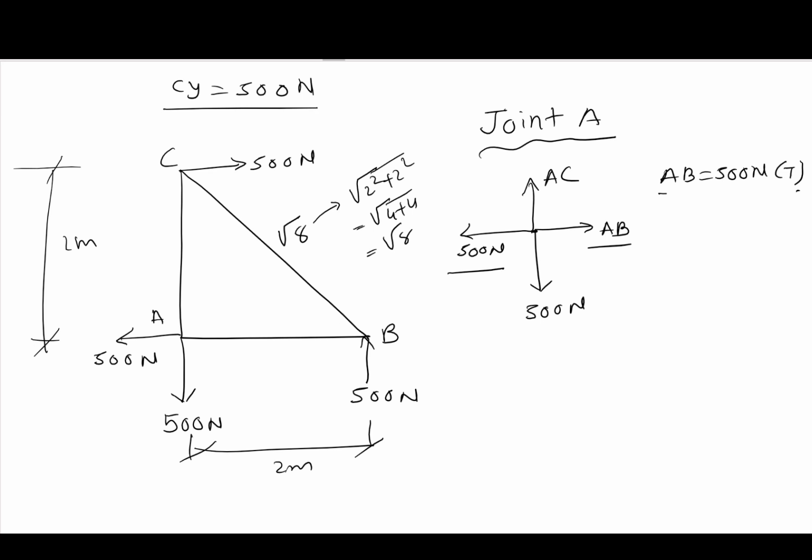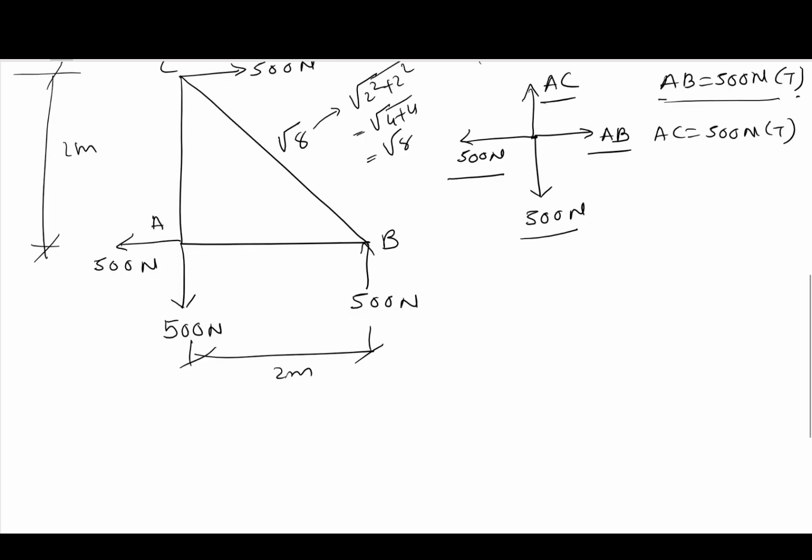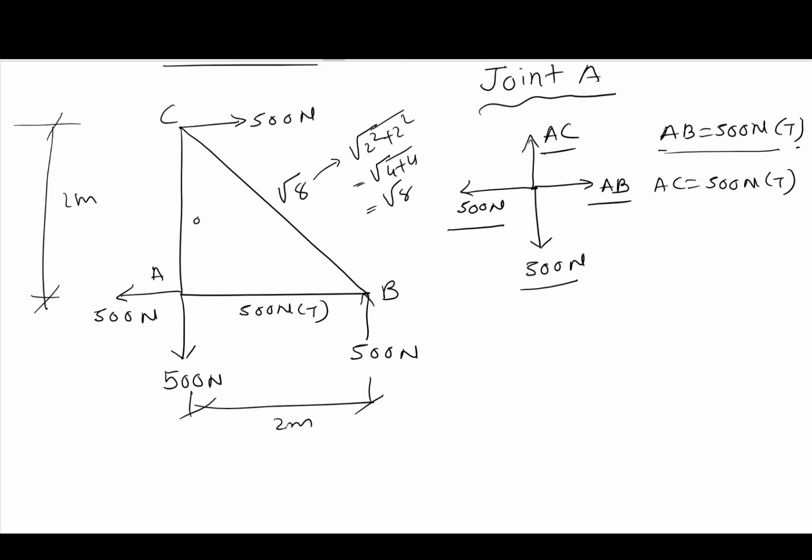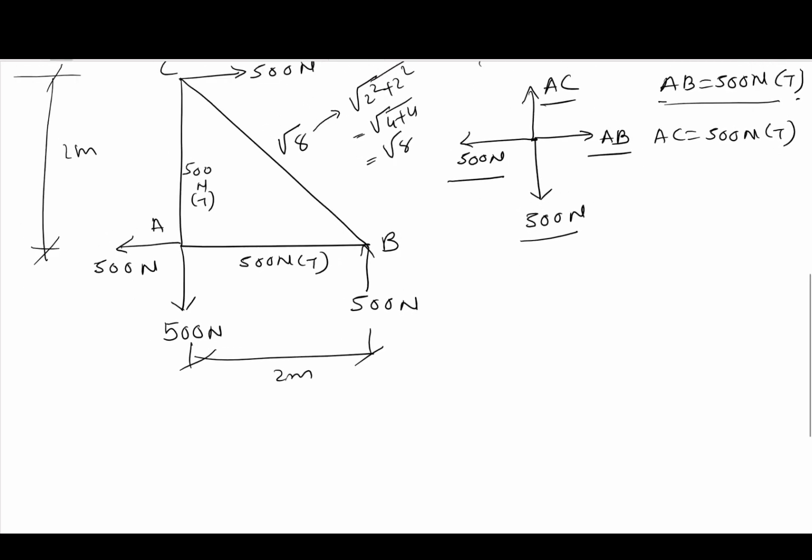This is the first member force, and AC would be equal to 500 Newton, and that is positive, so it is in tension. So we found 2 member forces: AB is 500 Newton in tension, and AC is 500 Newton in tension. Now we can find the member force BC.